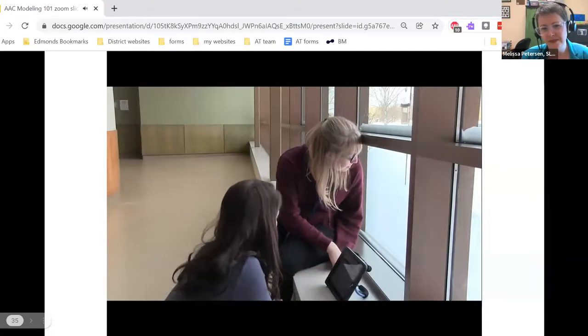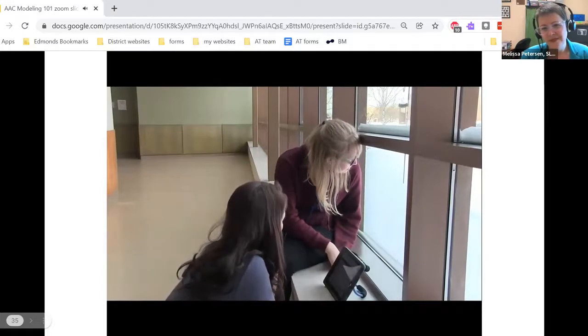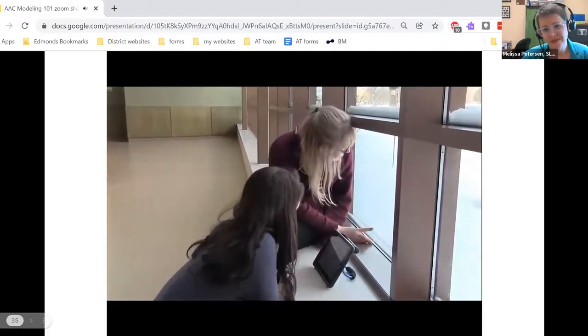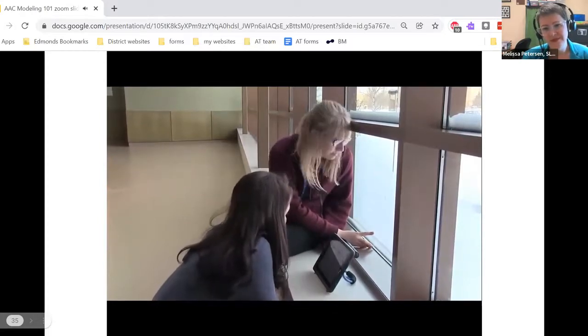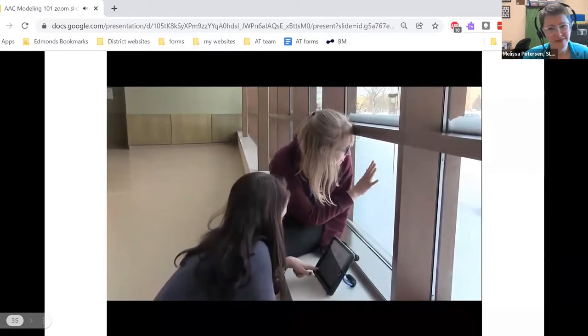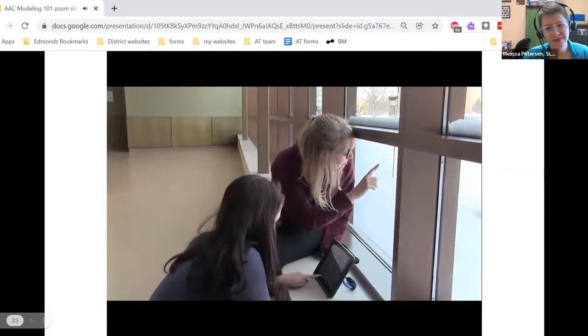I see you looking outside, Mara. What do you see? You see the snow. There's some snow out there. It looks cold. You see the car.